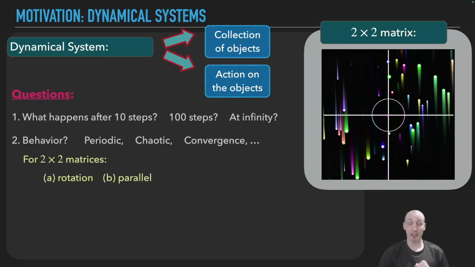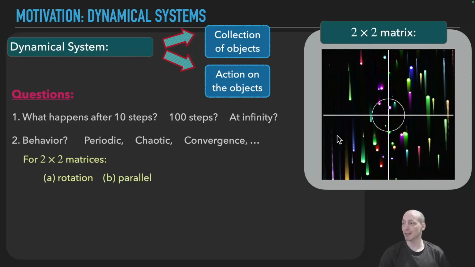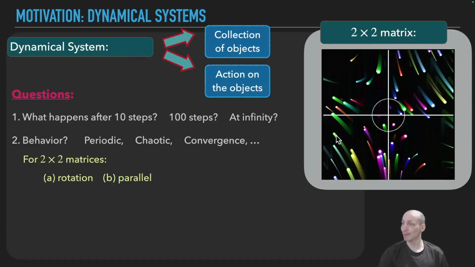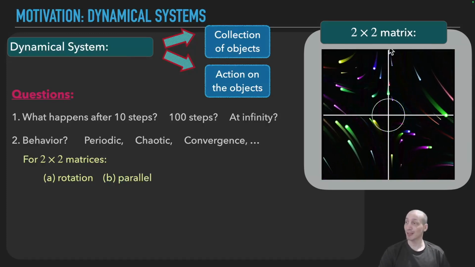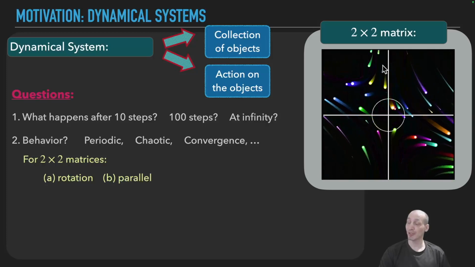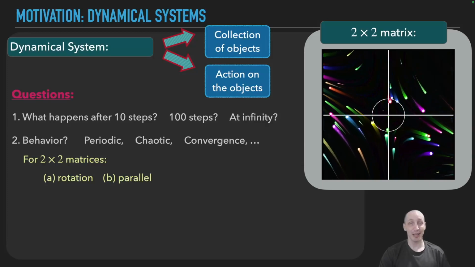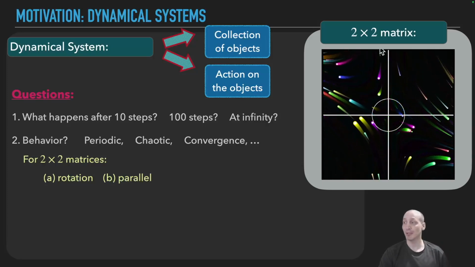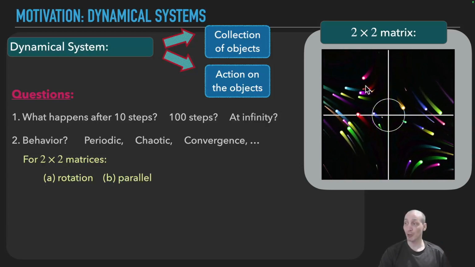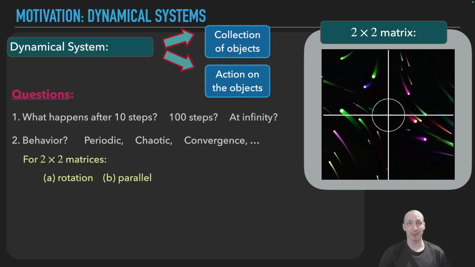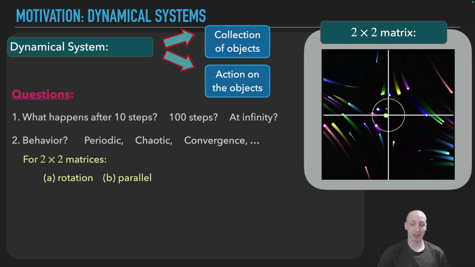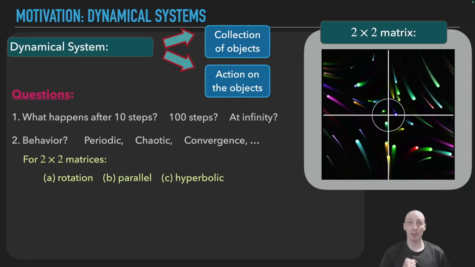Another type of behavior that you can get in 2 by 2 matrices is the following. You can see that if I look at some point, it moves at the beginning toward the origin and then starts to go out. And if you follow just one point, then you will see that each point follows a hyperbolic curve. So we call this type of behavior, not surprisingly, hyperbolic.